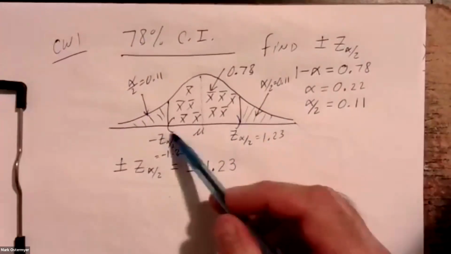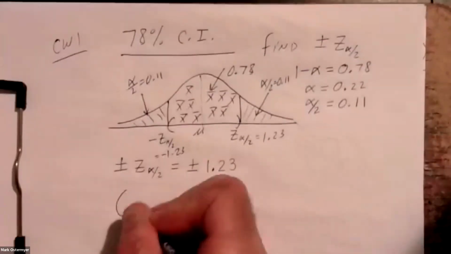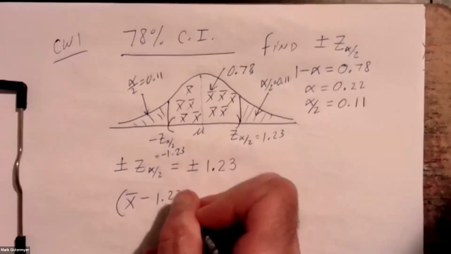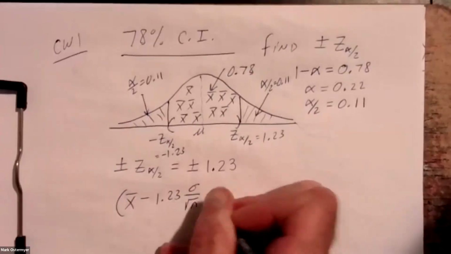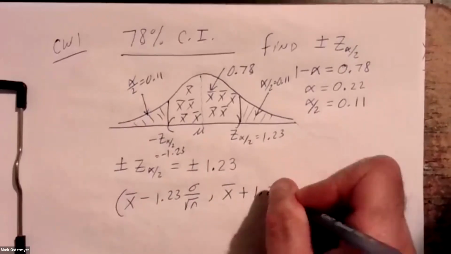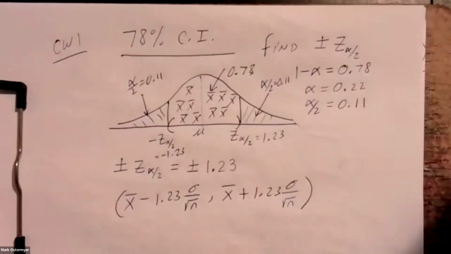Those would be the critical Z values you'd have to use to build a 78% confidence interval. So it'd be X bar minus 1.23. That's your lower endpoint. Your upper endpoint of the interval would be this. All right, there you go.